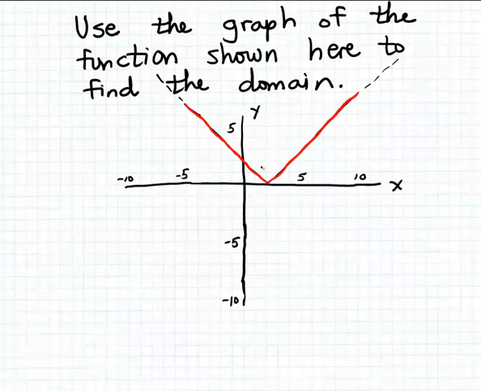So what that really means is that instead of the domain of this function just being from -5 on the x-axis to 10 on the x-axis, in fact, the domain of this function extends all the way out to -infinity on the x-axis and all the way up to +infinity on the x-axis. So in fact, the domain of this function, rather than being restricted, is really all real numbers.